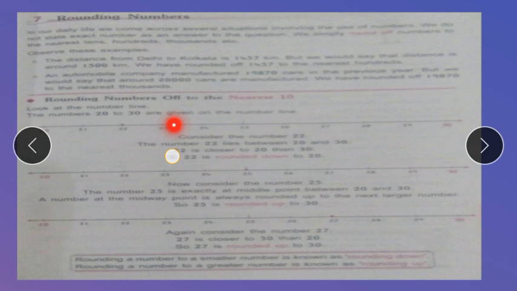Now one more example is given. An automobile company manufactured 19,870 cars in the previous year. So last year an automobile company manufactured 19,870 cars. But we would say around 20,000 cars, because that is the round off. 19,870 is there, but we say 20,000 because we are telling the approximate number.